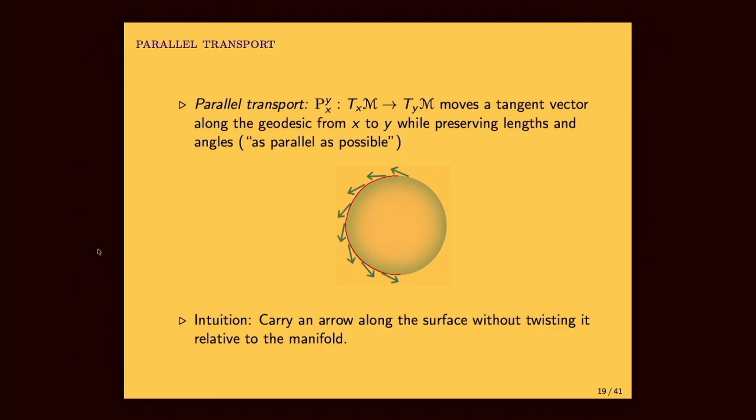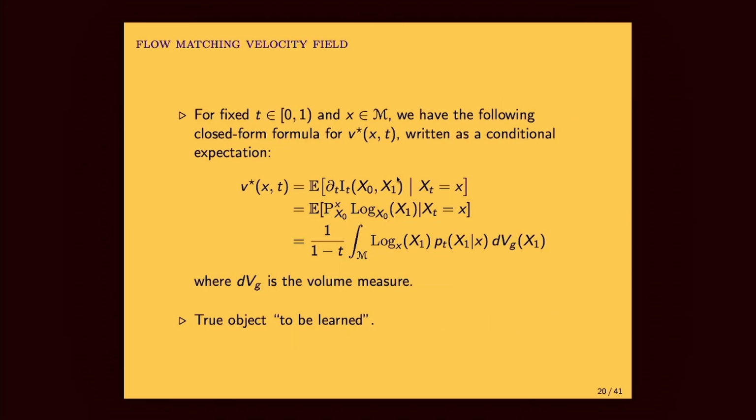In the sphere example, suppose that you're here, you can keep the same direction and then go to this next point y, but that's not a parallel transport. You need to rotate at the right angle to preserve both the lengths and the angles as much as possible. That's what is called parallel transport. Why is all this needed? Because for the true velocity field, we need to understand what we are actually learning on a manifold, right?